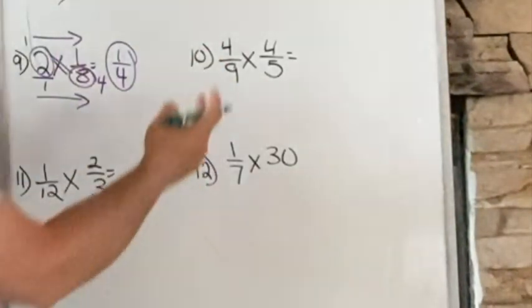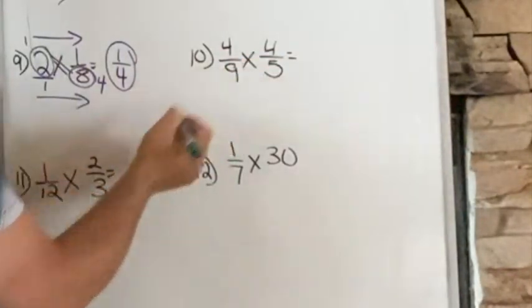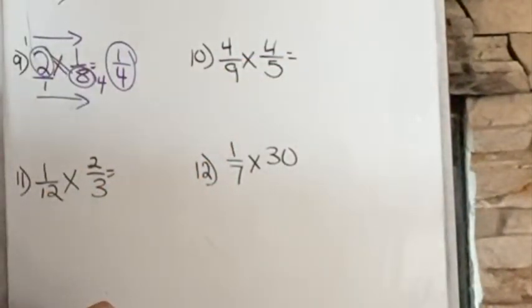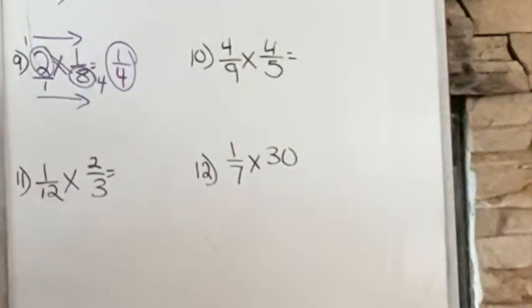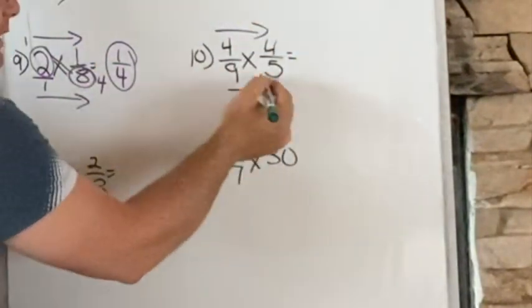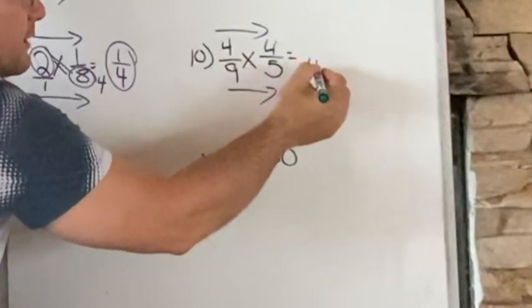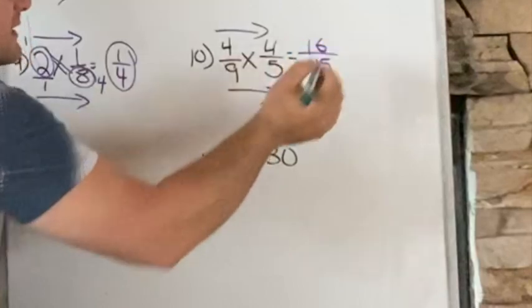Let's go to the next one. 4/9 times 4/5. If I look diagonally across, I got 4 and 9. Can I do anything with that? No. I've got 4 and 5 this way. Can I do anything with that? No. So let's go straight across. 9 times 5 is 45. 4 times 4 is 16.